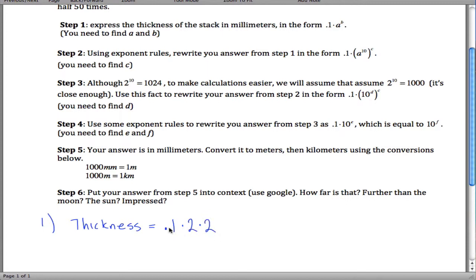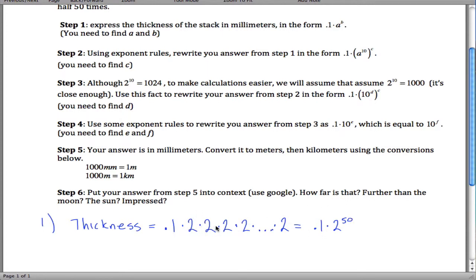Because it doubles each time. So after you fold it once, it's 0.2. Fold it again, it's 0.4. Fold it a third time, it's 0.8. Keep multiplying by 2 50 times, so what you get is 0.1 times 2 to the 50th power.